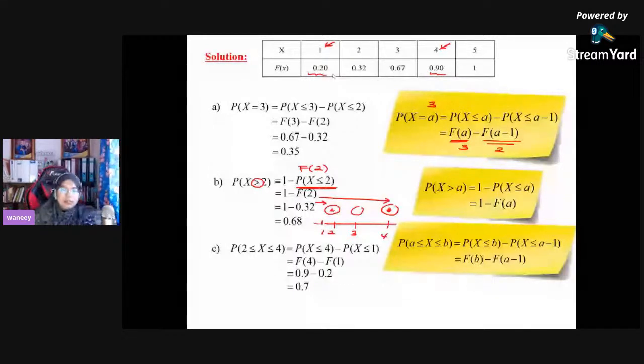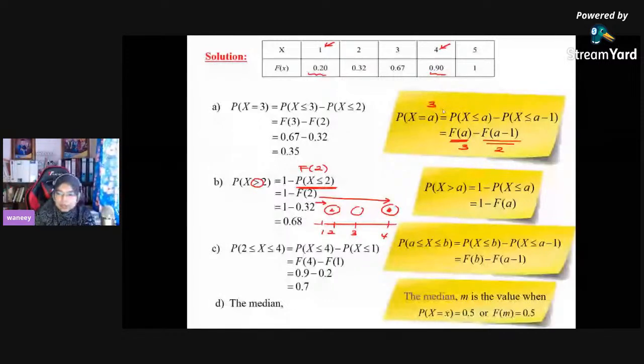Right, the median. Okay, so what is the definition of the median? The definition is that probability for x less than or equal to m is supposed to be equal to half. The median is the value when probability for x less than or equal to m is equal to 0.5, or F of m is equal to 0.5.